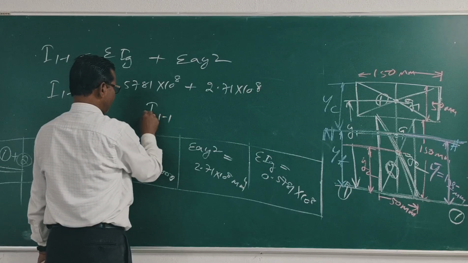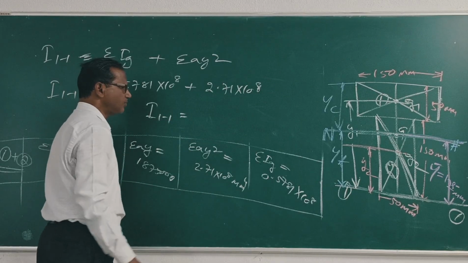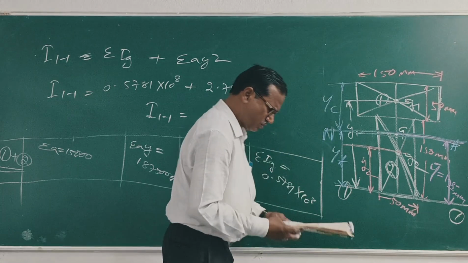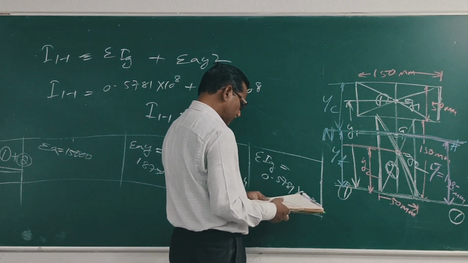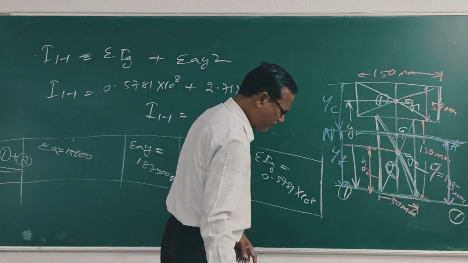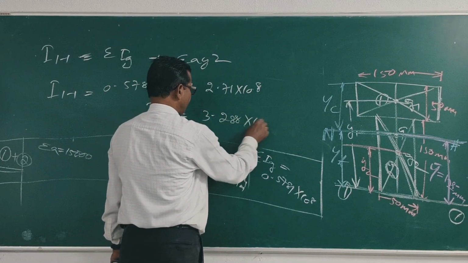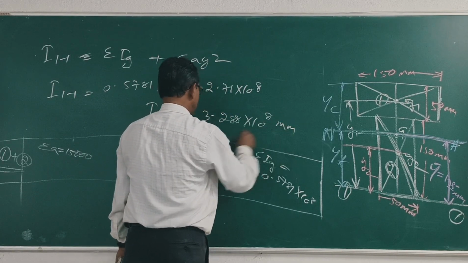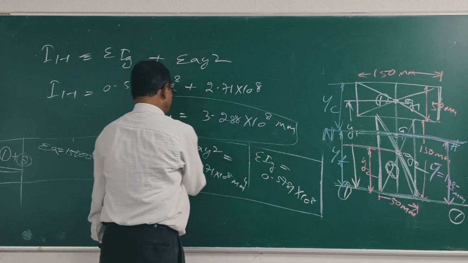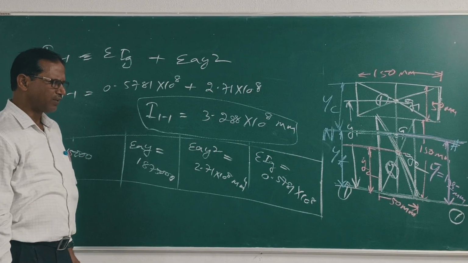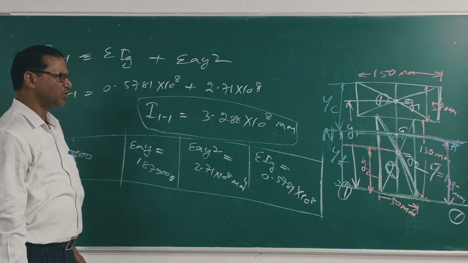So I is equal to 3.28 into 10^8 mm^4. Use a calculator and find all these values. Clear? This is I. But what is I equal to?